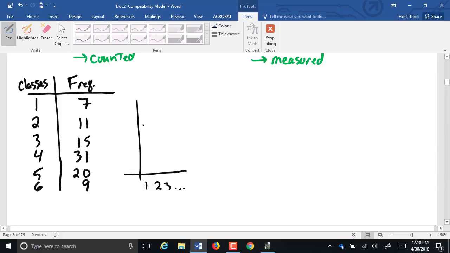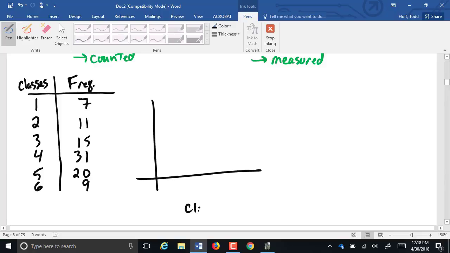Now, one thing that would be different in our bar graph, I'm going to go ahead and draw this out a little bit better. Let's do 10, 20, 30, and on up.